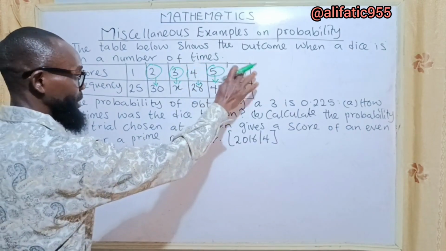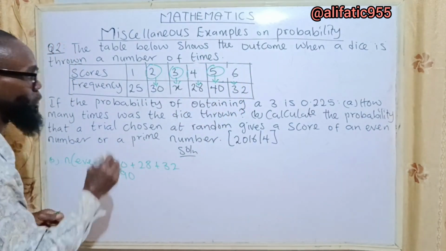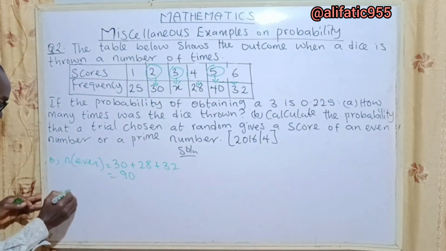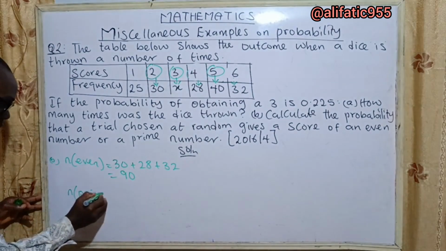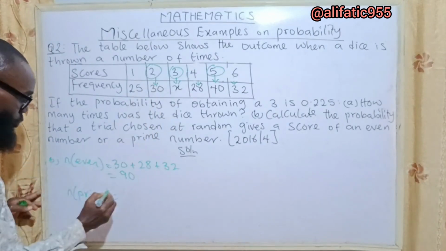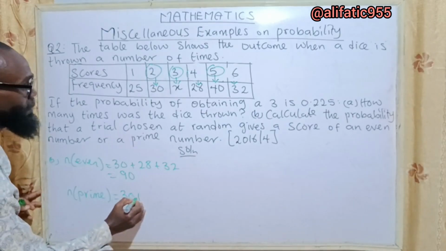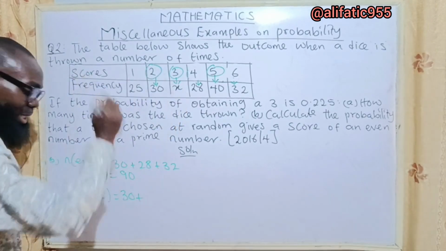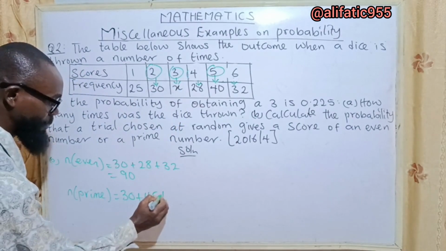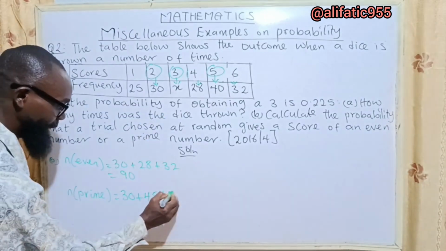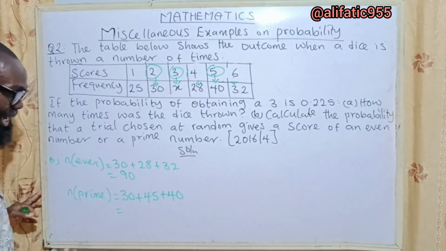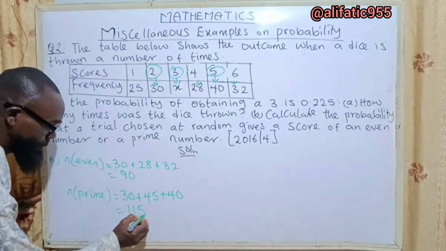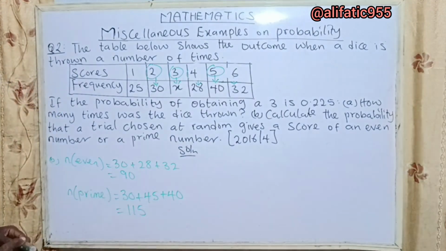Let me remove this, not a prime number. So 2, 3, 5. So the frequency of 2, we have 30 plus our x that we got the other time, 45, plus 40. When you sum it up, we have 115.